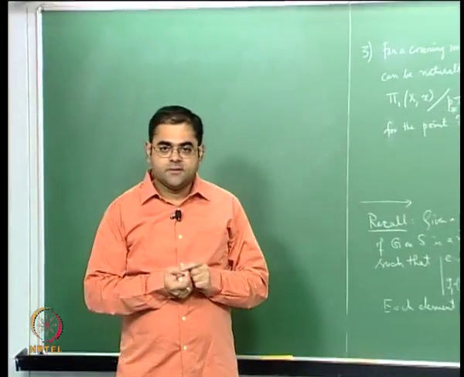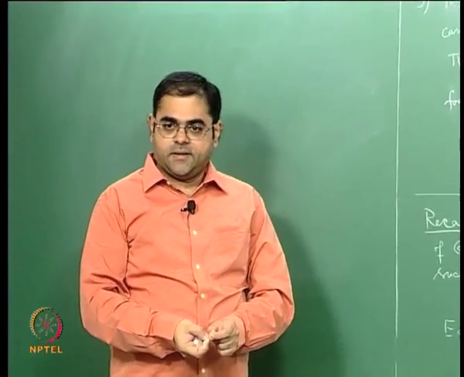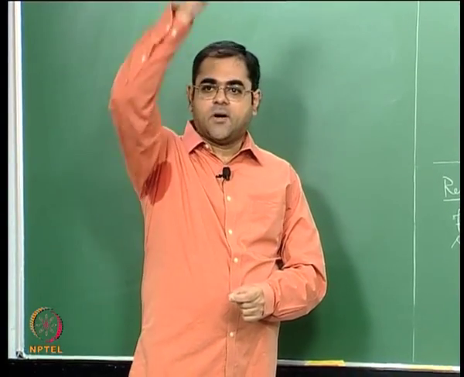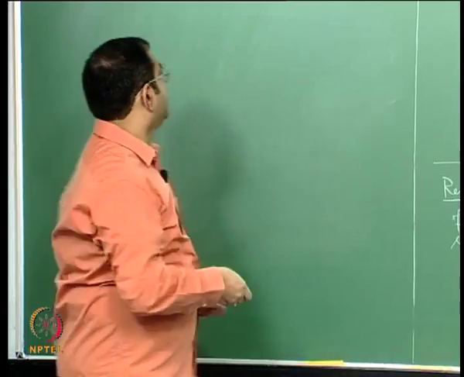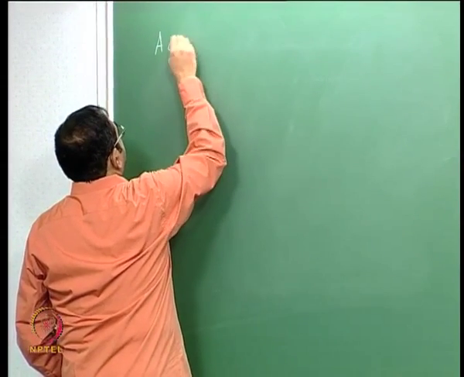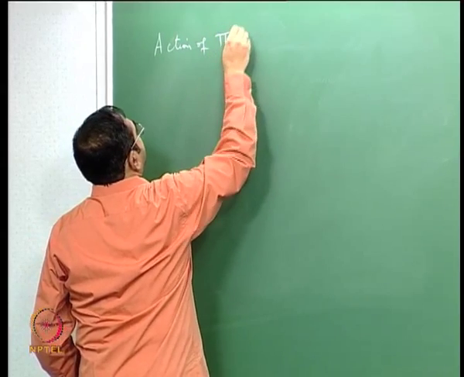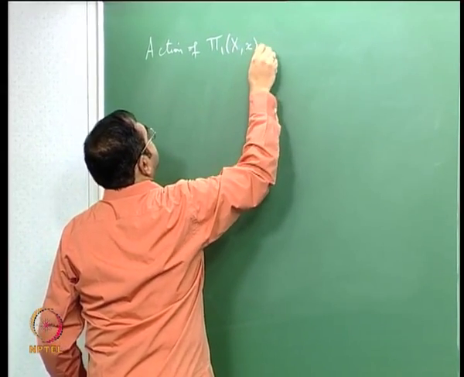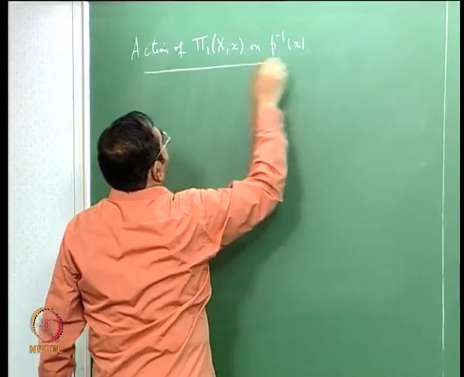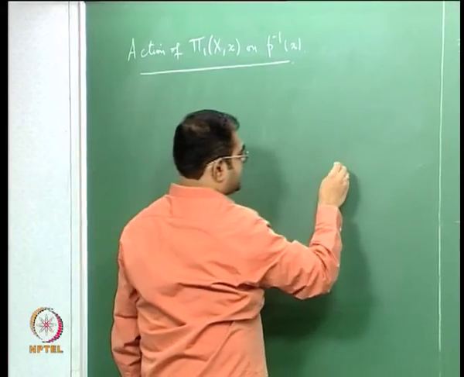The point is the fundamental group below at a point acts on the fiber above, that is the whole point, okay. So let me explain this action of pi 1 capital X comma small x on P inverse x. So you see the picture is like this.